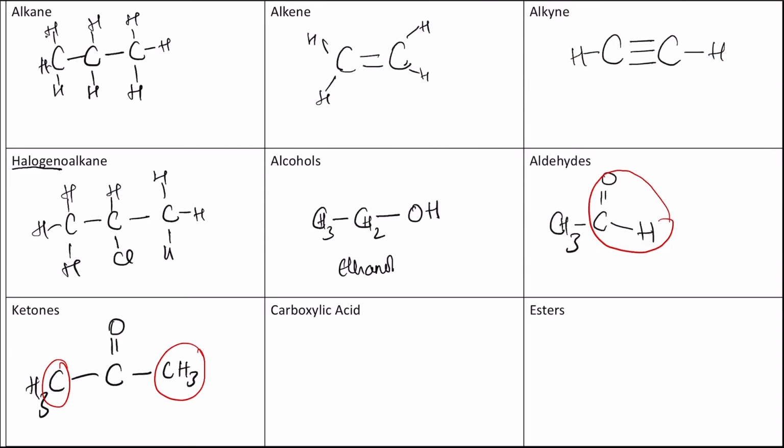Okay. Next we have a carboxylic acid. So a carboxylic acid is basically COOH. That is your carboxylic acid functional group. That is how you identify that it's an acid. So basically you have something of a resonance going on between the COOH. Yes, if you do not understand what resonance means, that's completely fine.